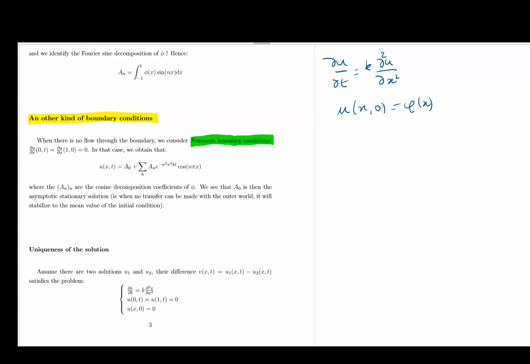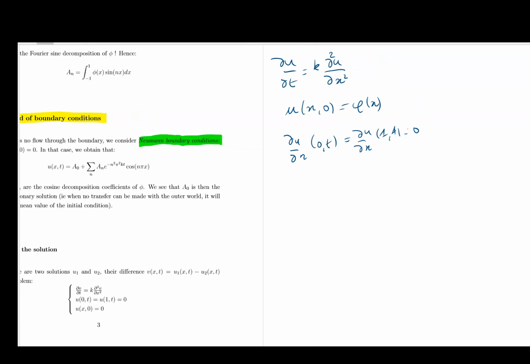Instead of being applied to the values, they're applied to the first order partial derivative, so du/dx at (0,t) is equal to du/dx at (1,t), and that should be equal to 0. Of course, you could choose any other value than 0, but that's the idea.